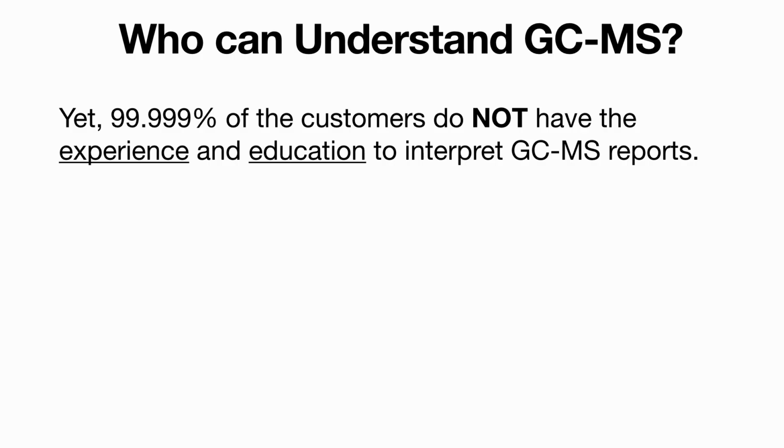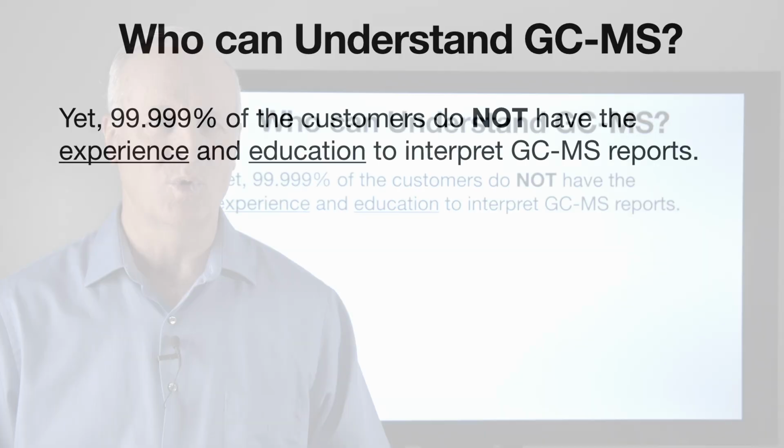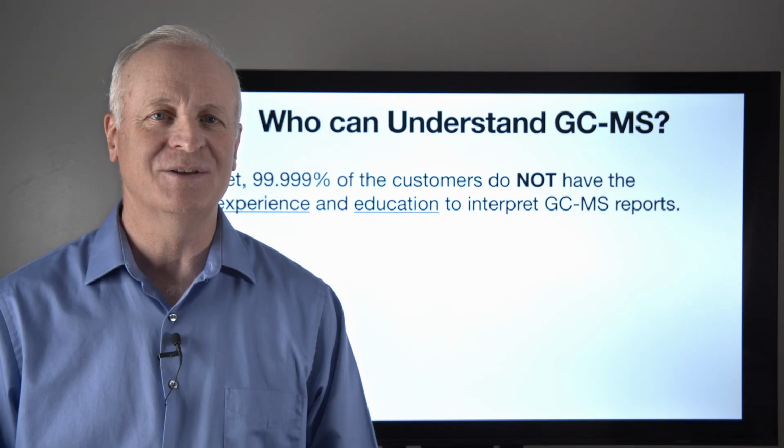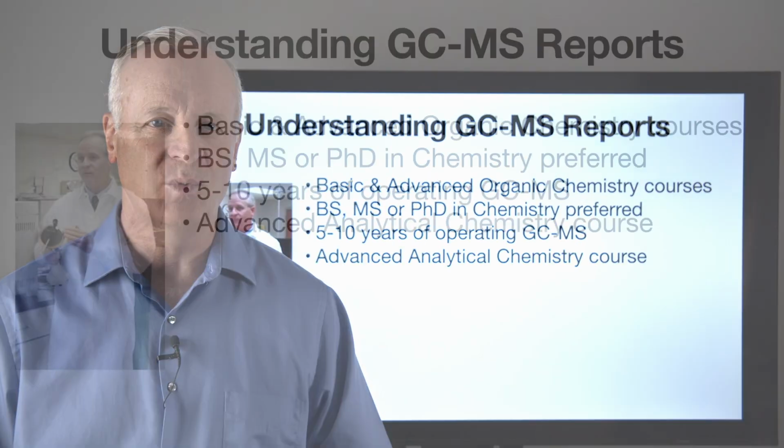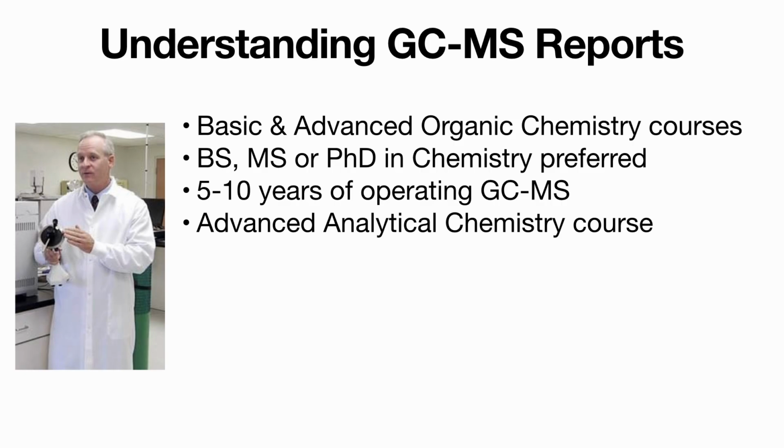However, most people cannot read a GCMS report. In fact, 99.999% of the customers do not have the experience, do not have the education to interpret GCMS reports. Let me show you what it takes to understand and interpret GCMS reports. First, you would have to take basic and advanced organic chemistry courses.